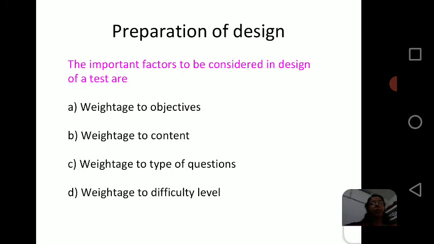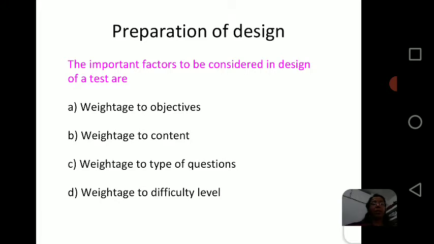Okay. Then preparation of design. During the planning of the test, you have decided the preliminary details of the test. Then comes the preparation of the design of the achievement test.